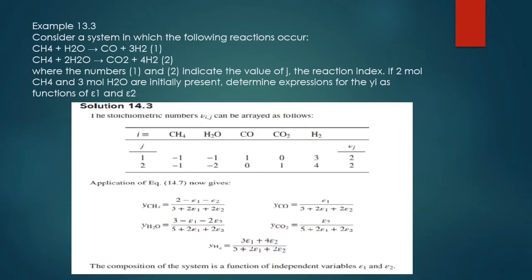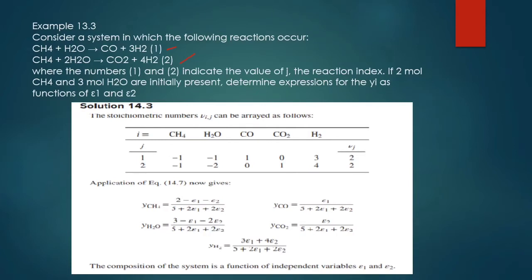So for example 13.3, consider a system in which the following reactions occur. CH4 plus H2O produce CO and 3H2 for the first reaction, and for the second reaction, CH4 plus 2H2O produce CO2 and 4H2, where the numbers 1 and 2 indicate the value of j, the reaction index.